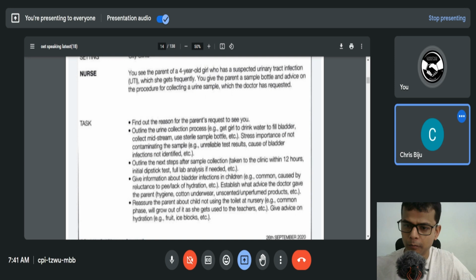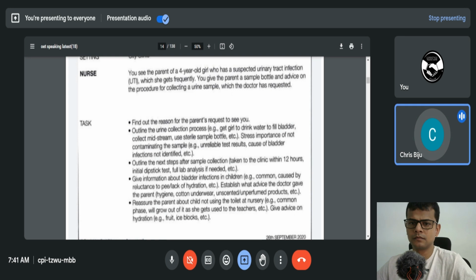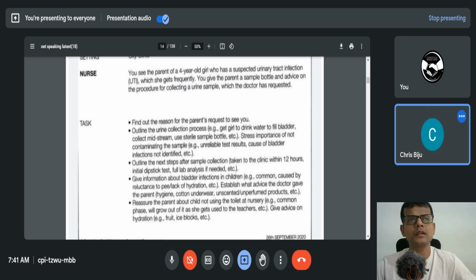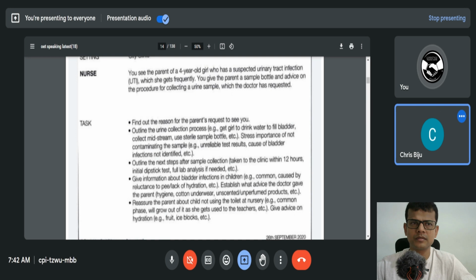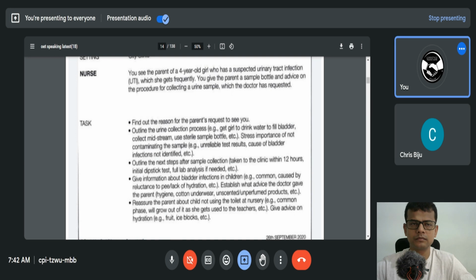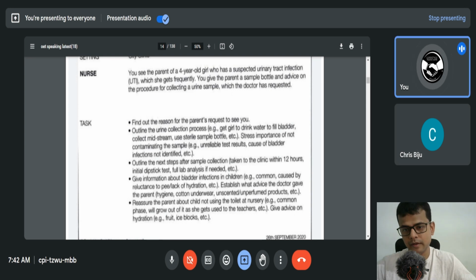No. Is she hesitant to urinate frequently? Yeah, she urinates normally actually, but sometimes it's difficult. All right. Now, did she take an adequate amount of water? It's very difficult to make her drink water at all.